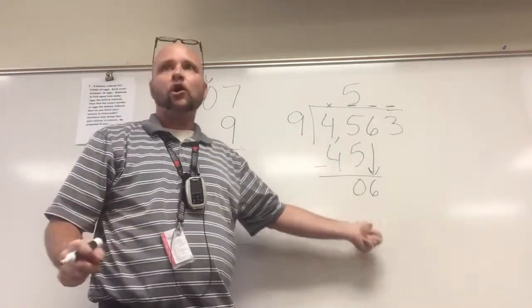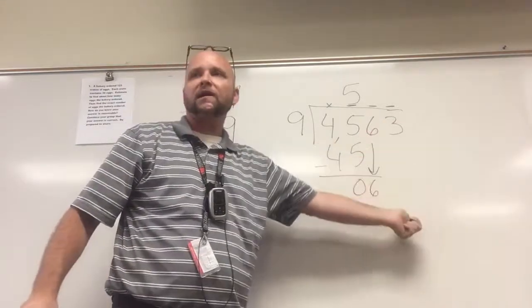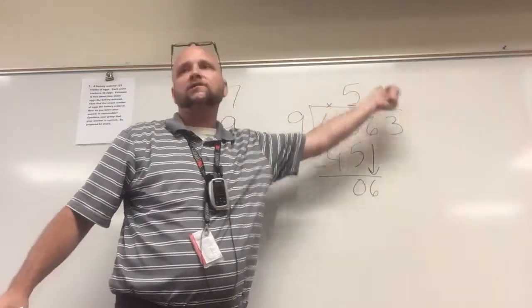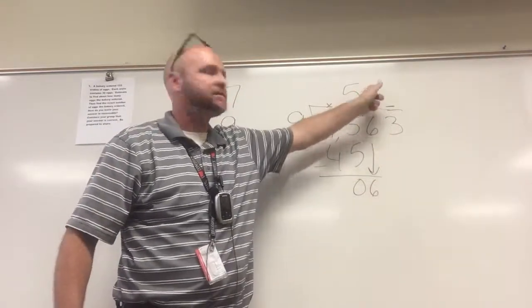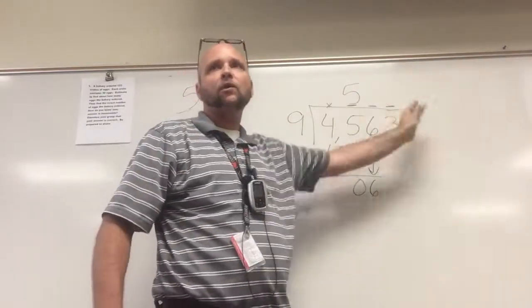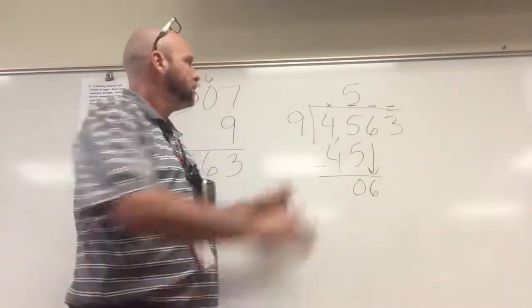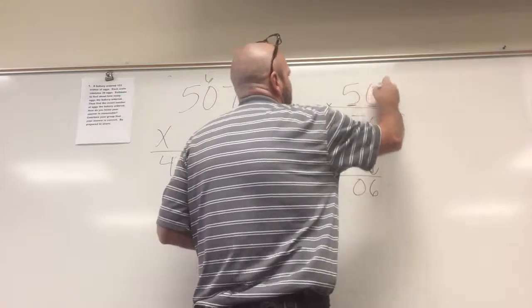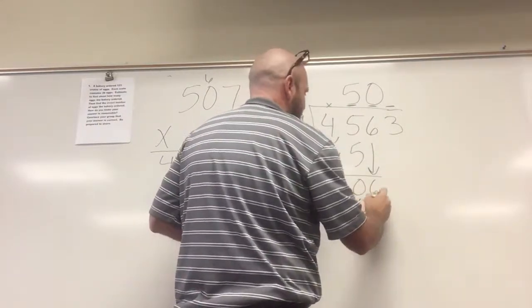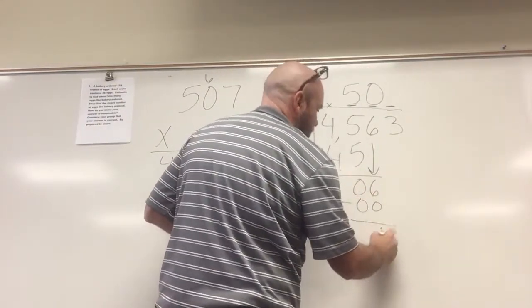They'll say 9 won't go into 6, so they just bring down the next number and put that answer right next to it. Once you bring down, I have to have a number above the 6. So 9 goes into 6 how many times? 0. I multiply 0 times 9, I get 0. I subtract, I get 6.